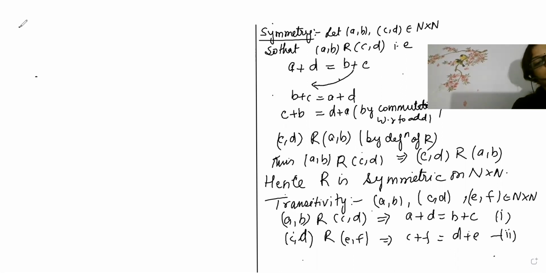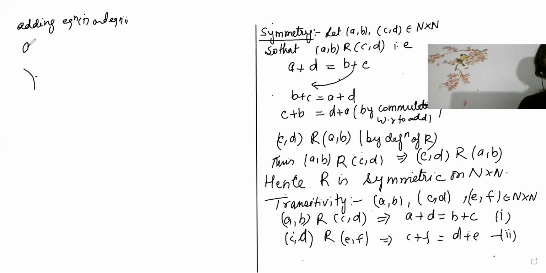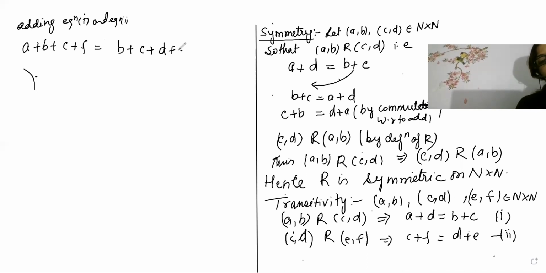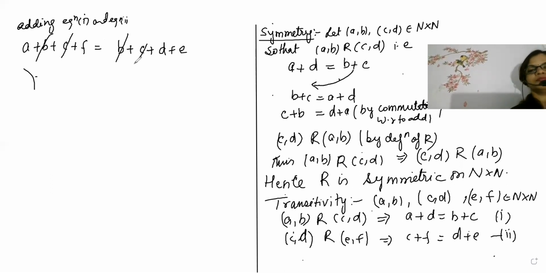So adding equation 1 and equation 2, what will you get? You will get A plus D plus C plus F is equal to B plus C plus D plus E. So first, which one is repeated? D and D got repeated. C and C got repeated.